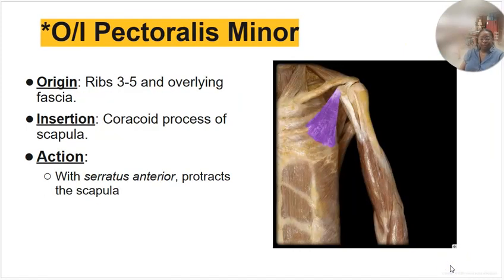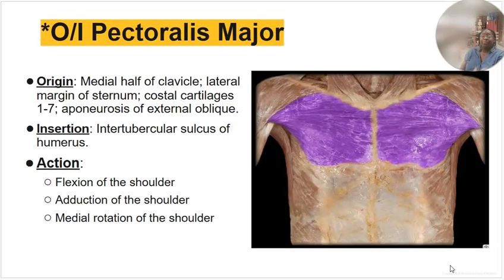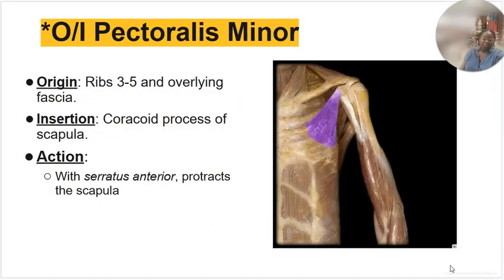All right, perfect. Now, pectoralis minor, remember this muscle is deep to pectoralis major, so we have to pull this off in order to see the pectoralis minor. This one is also pretty chill, origin-wise, right? It's ribs 3 through 5, as well as the overlying fascia, but really it's just ribs 3 through 5. And then the insertion is going to be the coracoid process of the scapula.